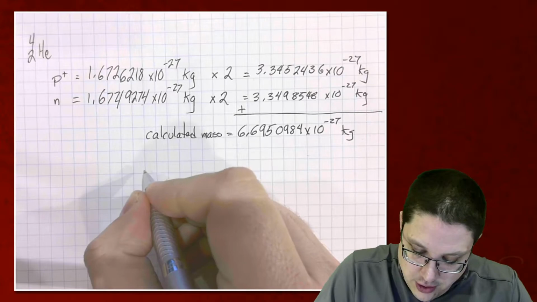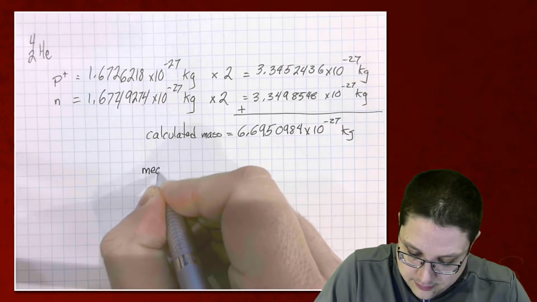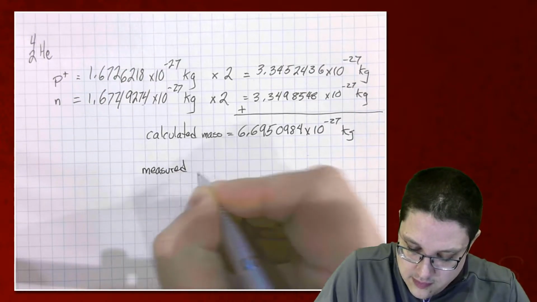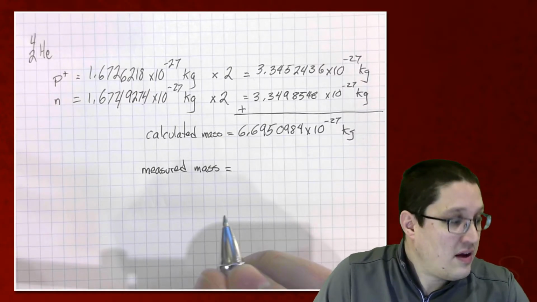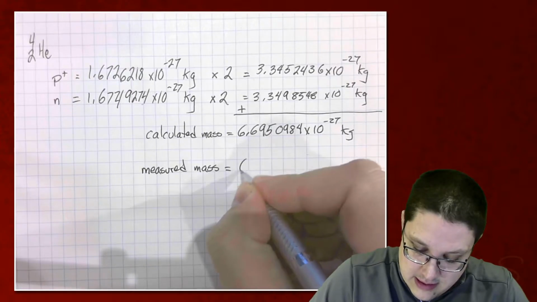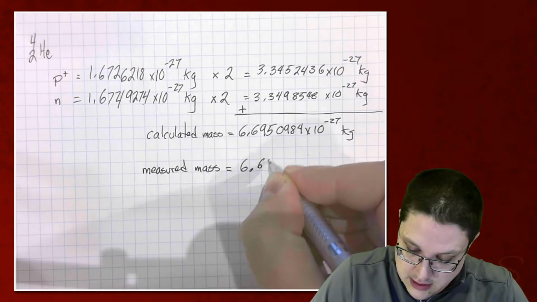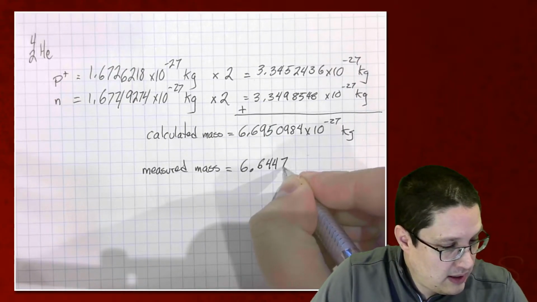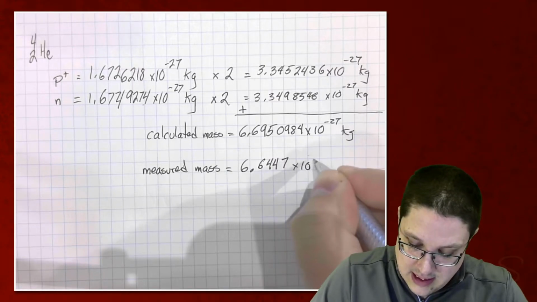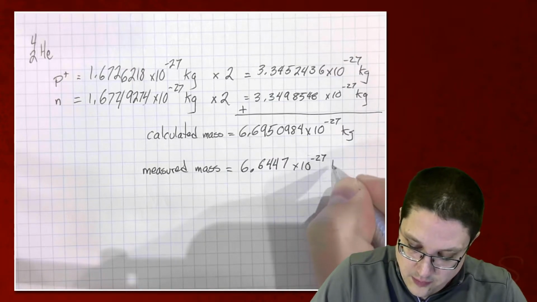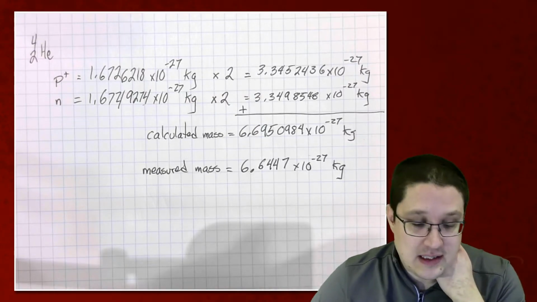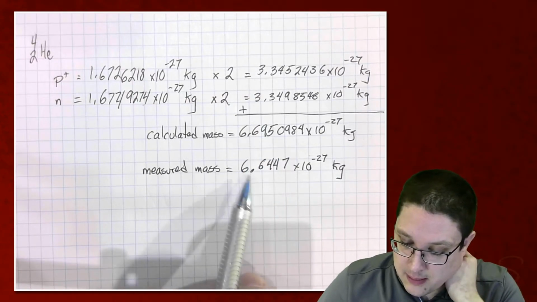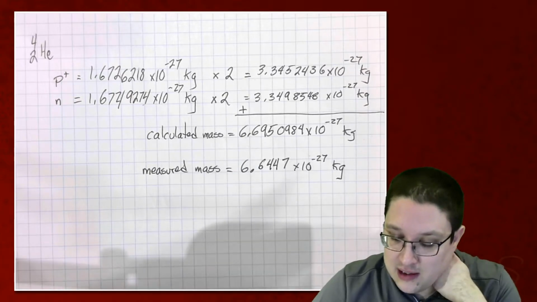When I look up my measured mass, I find that it is 6.6447 times 10 to the minus 27 kilograms. So my measured mass in kilograms is here. My calculated mass is here.